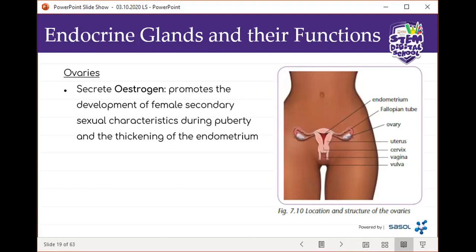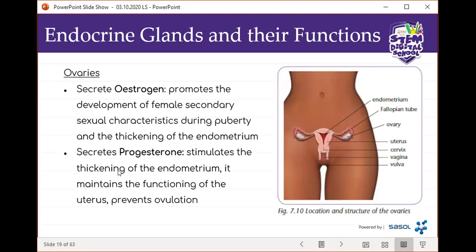And remember, that includes the growth of body hair, the increase in hip width, as well as the increase in the size of the pelvis, etc. Right. Another thing that estrogen does is that it is also involved in the thickening of the endometrium. Okay, so remember, the thickening of the endometrium allows for proper implantation to take place.